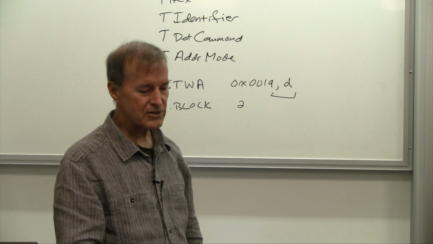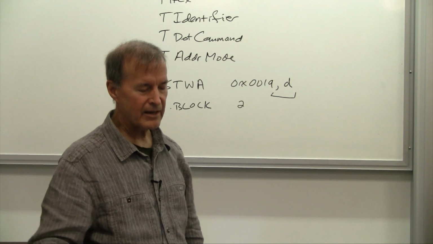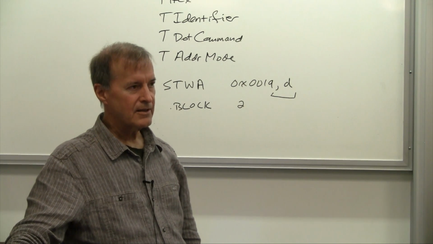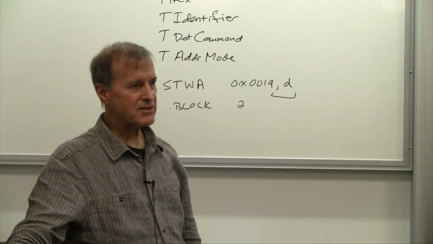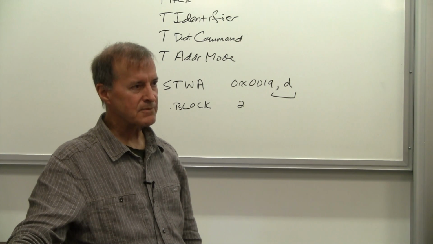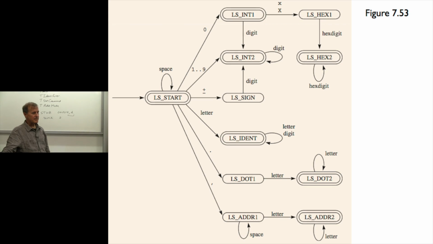Okay, now hold on. That's a good question. The question is about spaces between tokens. Check this out. In figure 7.53, notice that in the start state, once you finish scanning and identifying one token, there could be any number of spaces after that token.